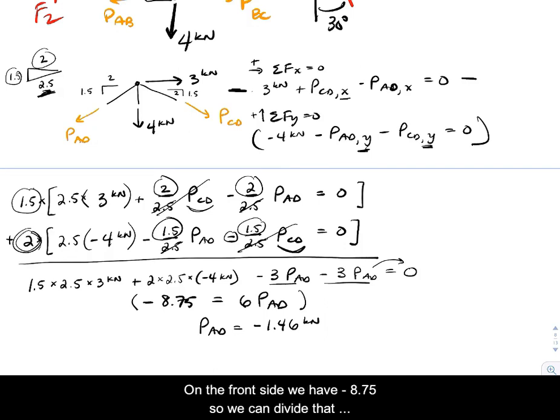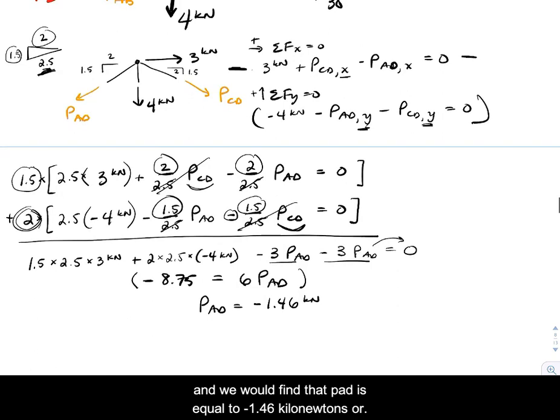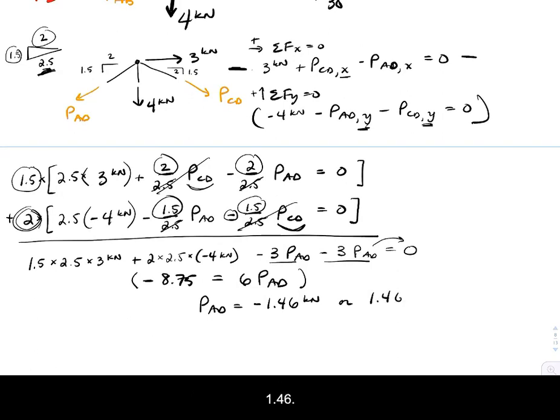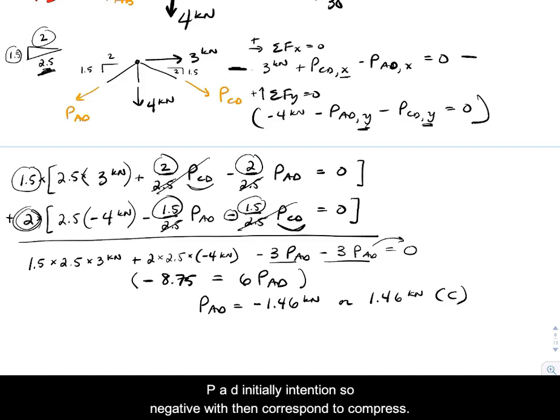On the front side, we have minus 8.75, so we can divide that, and we would find that PAD is equal to minus 1.46 kilonewtons, or 1.46 kilonewtons, and I'm going to put a big C for compression. I drew PAD initially in tension, so negative would then correspond to compression.